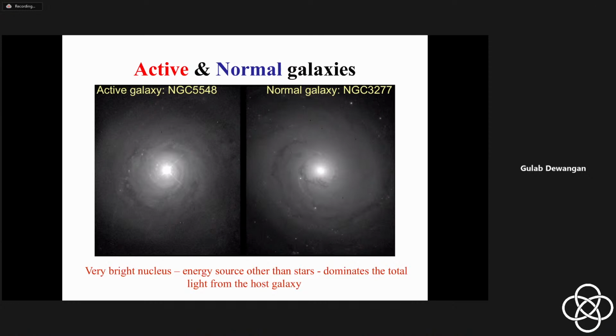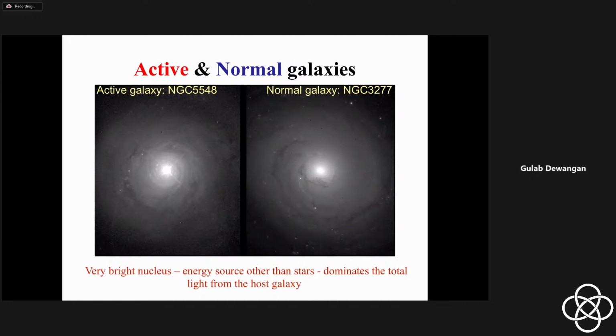So you keep on increasing the exposure time. In the case of an active galaxy, this point-like source will become brighter and brighter, and in a normal galaxy, you will start seeing diffuse emission. At some point, as you keep on increasing the exposure time, you will see the diffuse emission from the host galaxy, even in the case of an active galaxy.